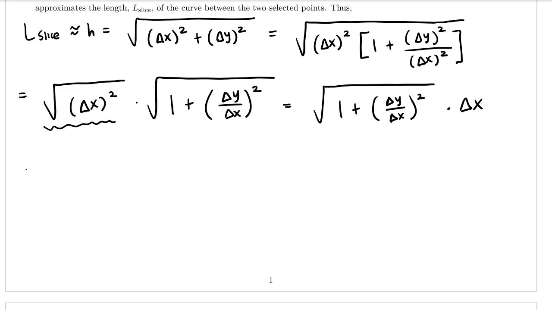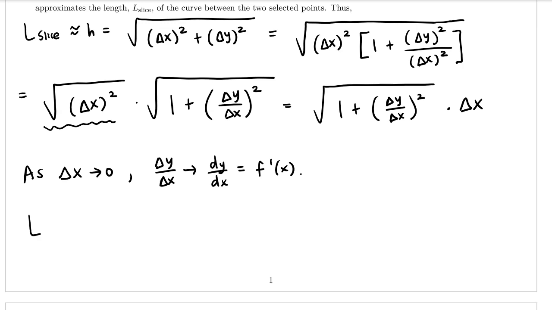So from here, as delta x goes to 0, we should know from Calc 1 that delta y over delta x essentially becomes dy dx, which is equal to f prime of x. So as delta x goes to 0 and n goes off to infinity, we're increasing the number of subintervals.